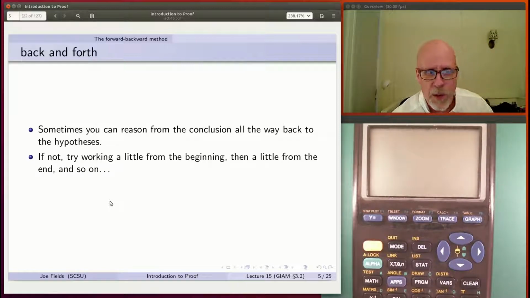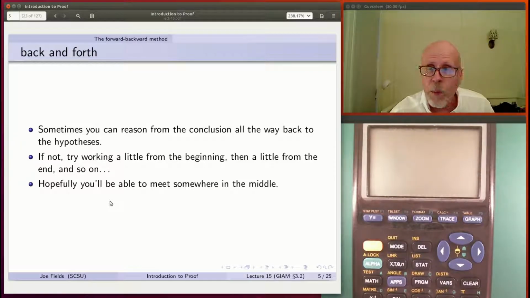So you may have to try working a little from the beginning towards, in the normal direction, and then a little from the end. And now you've reduced the gap to a smaller gap between statements. And now you just have to see if you can reason from that one to the other one. Again, looking backwards and forwards can be useful because you'll have a better idea of what your goal is.